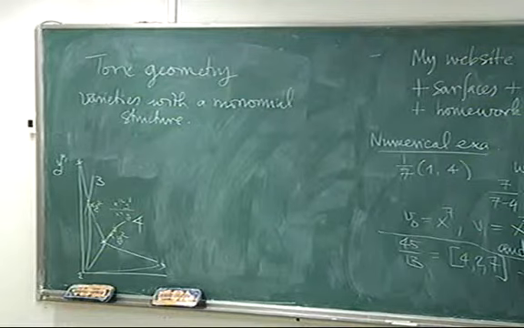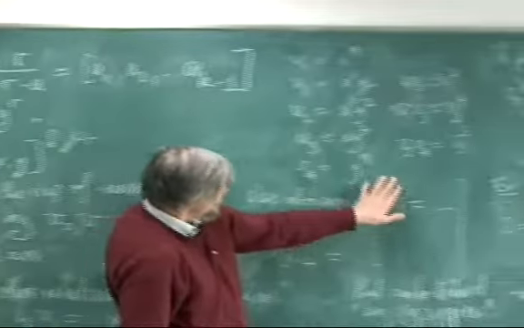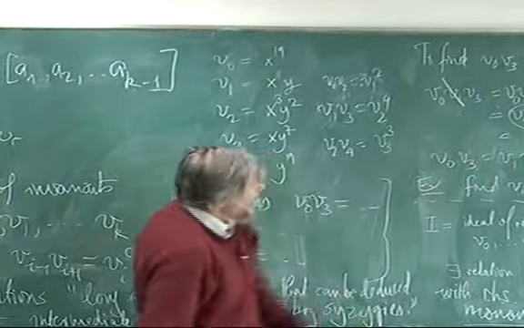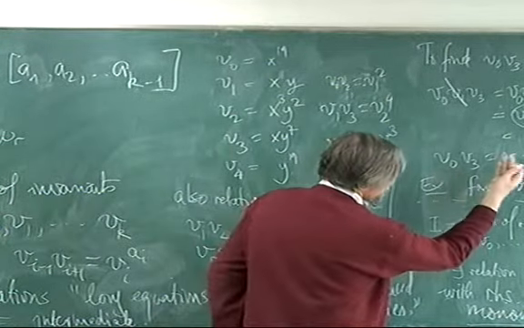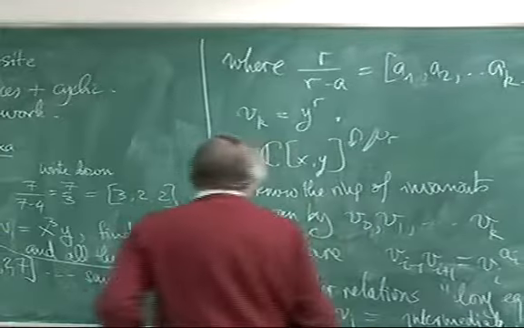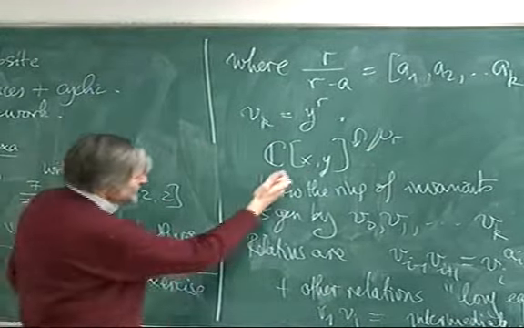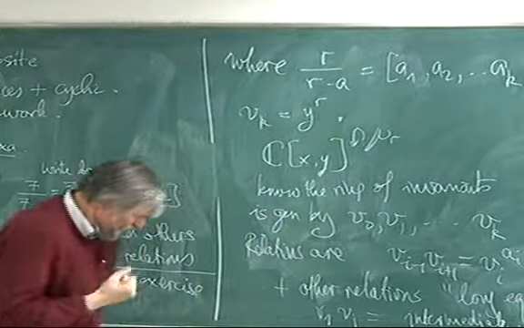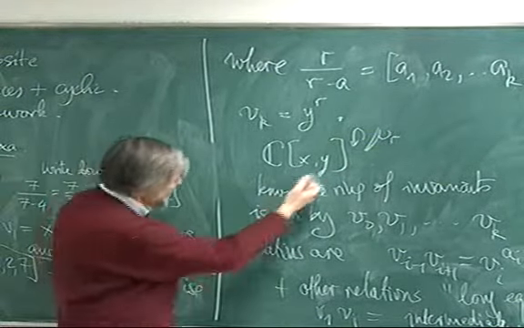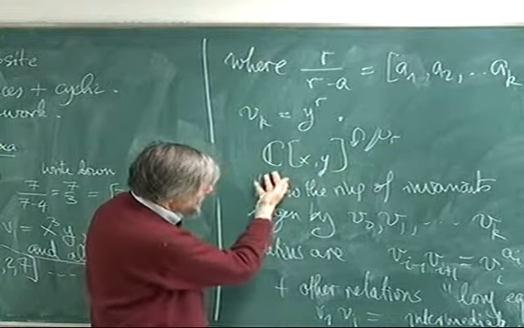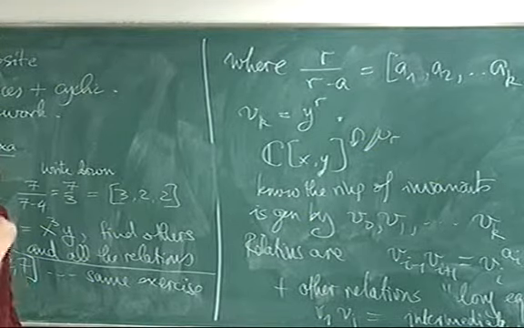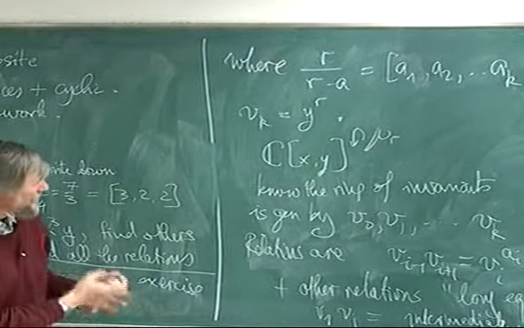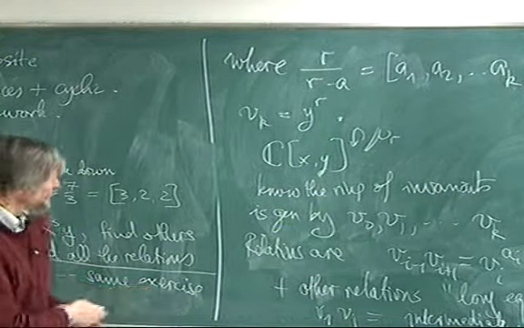When I described this ring, I wrote down lots of equations, still written up here on the board, and they all have one thing in common: they are all of the form one monomial equals another monomial. If I take one of these rings of invariants, it is the affine coordinate ring of some algebraic variety, and it has a basis formed of monomials, and the monomials form a semigroup. The product of two monomials is another monomial.